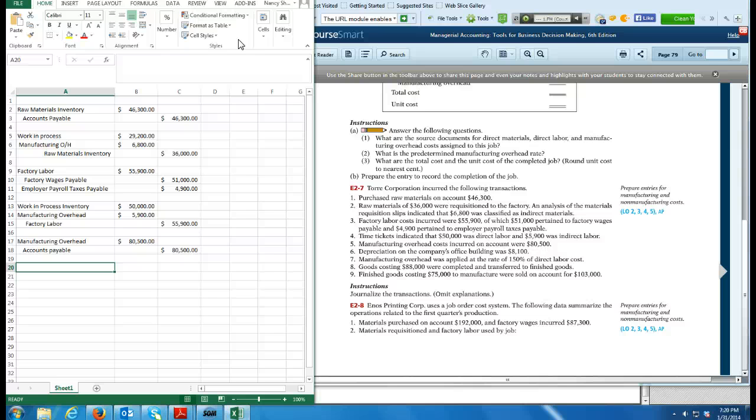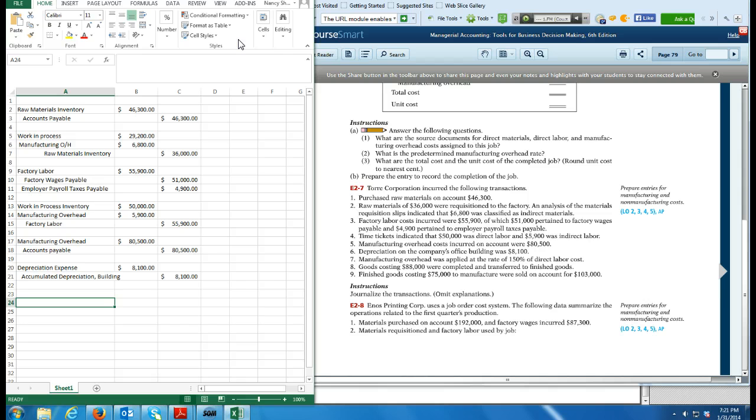But in this scenario, it's on the office building. So this is a period expense, which means depreciation expense of $8,100, and our credit will be accumulated depreciation of the building of $8,100.